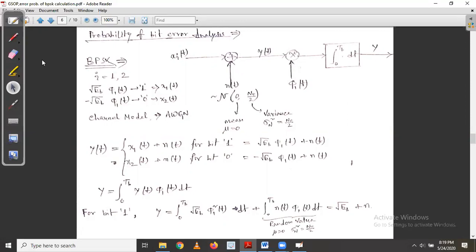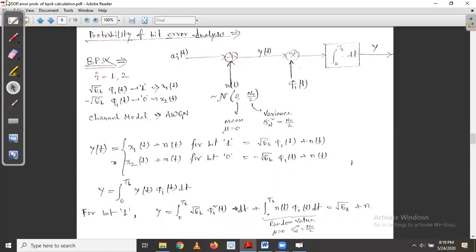GSOP and this kind of probability of error calculation are in module 2, and in module 4 we directly write the expression of probability of error of any digital modulation technique. Today we are going to see how the probability of error calculation is done by taking one example of BPSK.